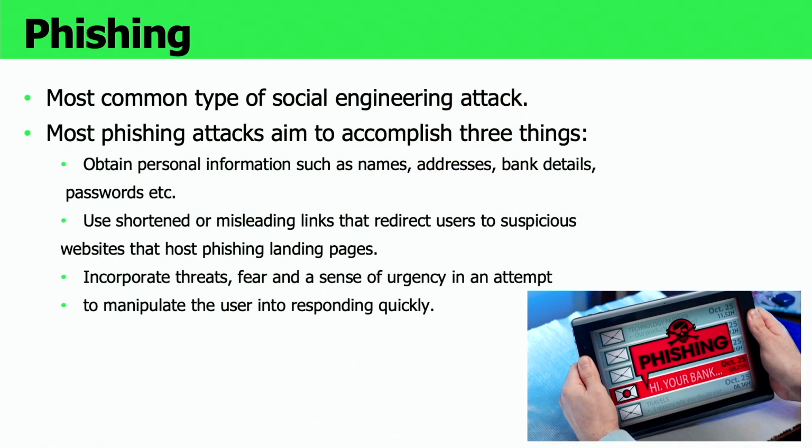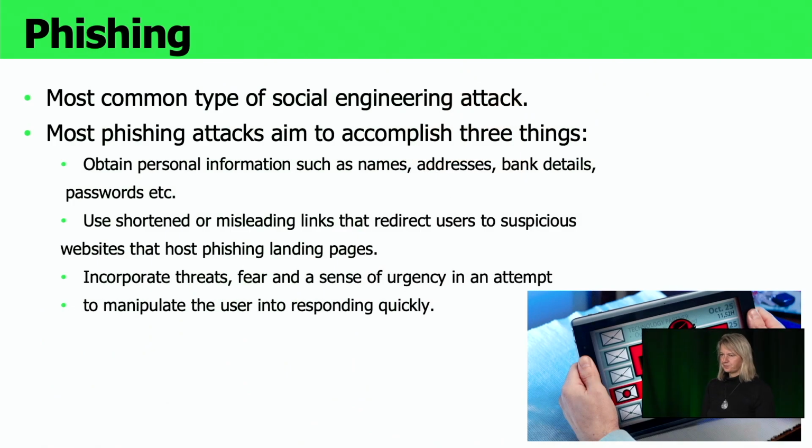Now, let's look at the different types of social engineering attacks. Most common is the phishing attack, where people get misleading links that will redirect users to suspicious websites or other environments. The purpose here is to get personal information, such as names, addresses, bank details, passwords. And what is quite common in these kinds of attacks is a sense of urgency, so that people feel that now I should act immediately.